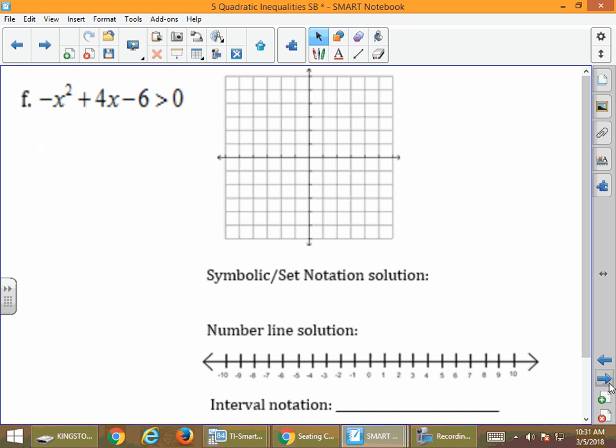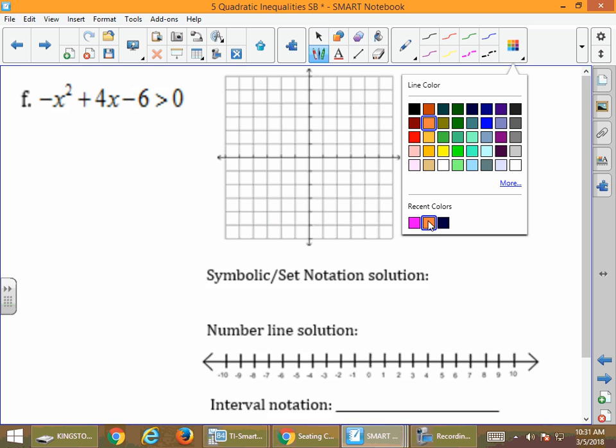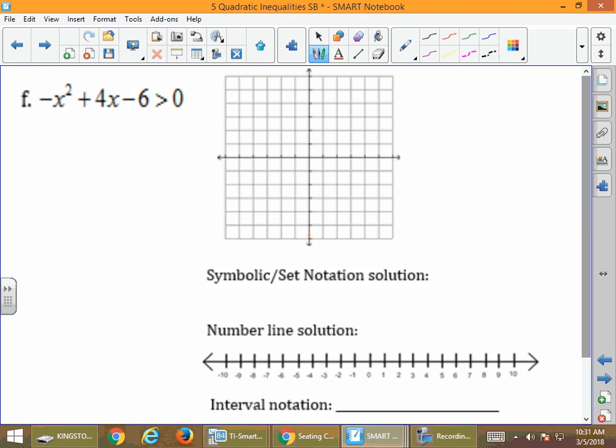So when we look at letter F, we already know what the picture is going to look like, so we can fill that in. Got our 0, -6, our 1, -3, our 2, -2, our 3, -3, our 4, -6. Same picture.